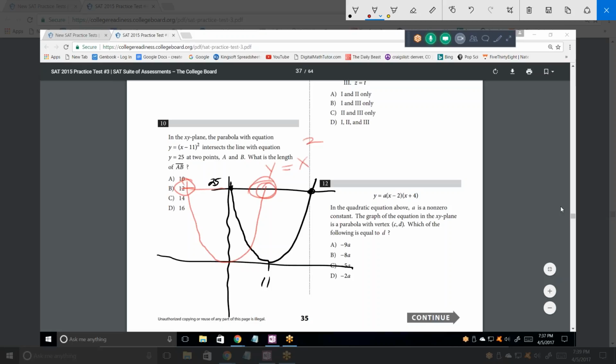What's the x value right here where I'm putting a big X? We know the y value is 25. What's the x value on my red line? Solve this equation. If y is 25, what is x?